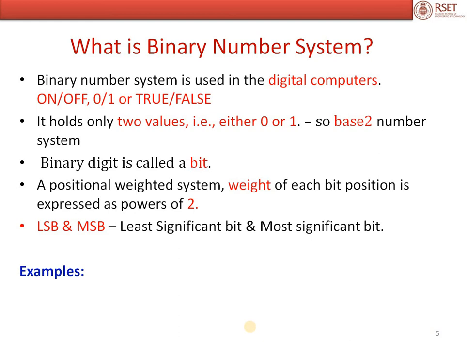This is an example of a binary number, and this 2 indicates its base. Here this 1 is called the least significant bit and this one is called the most significant bit.